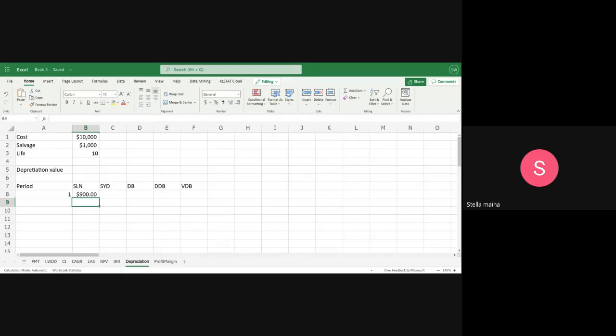We are now going to look at something we call sum of year digits. It's also an easy formula, sum of year digits. That is what we have as SYD.